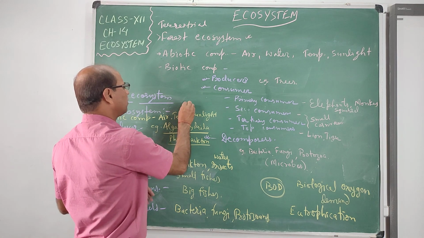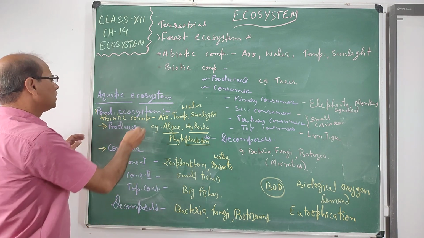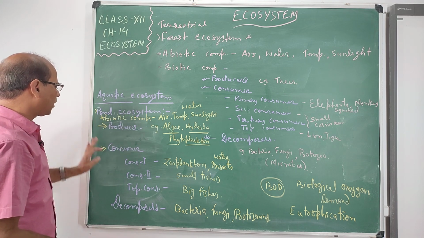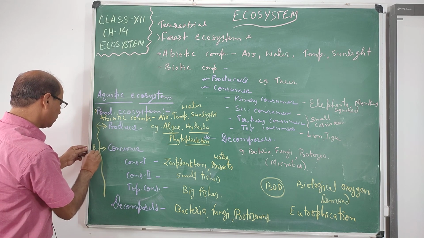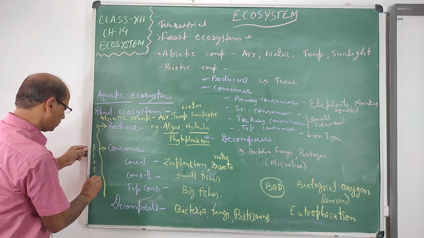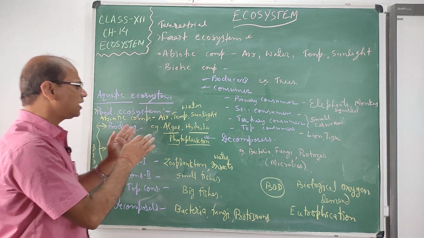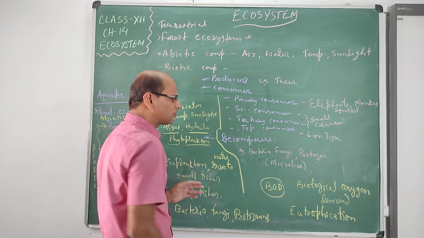Water is also an abiotic component. So these are the different types of components, abiotic and biotic. These are the biotic components of the ecosystem.